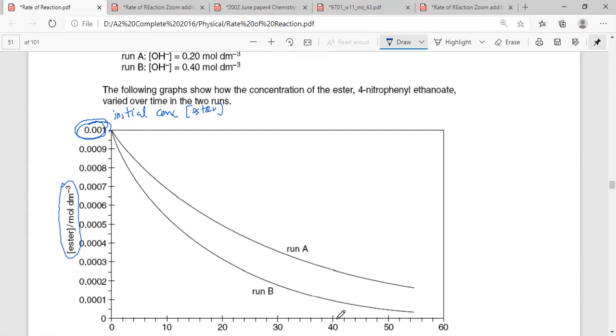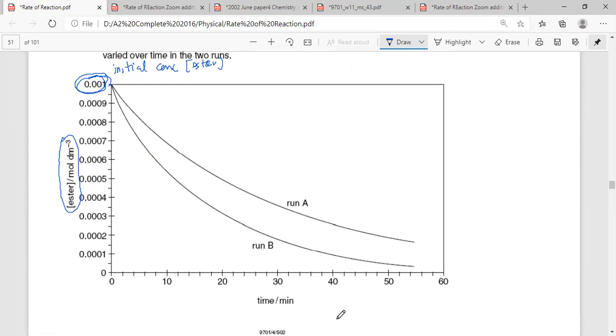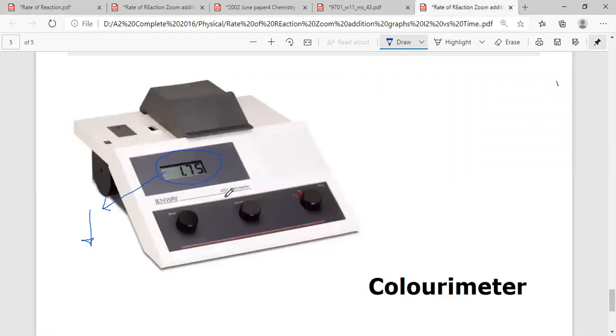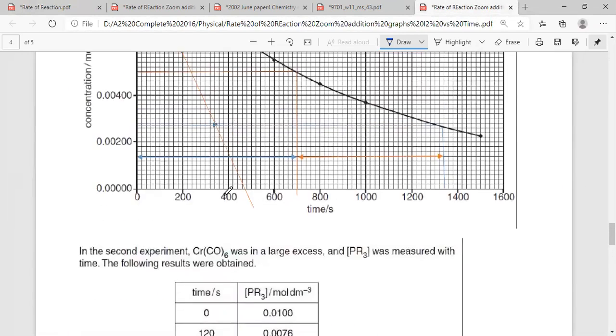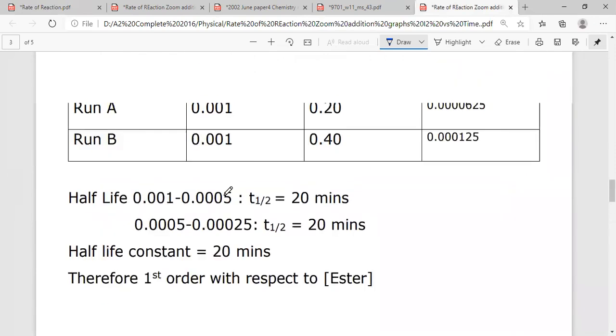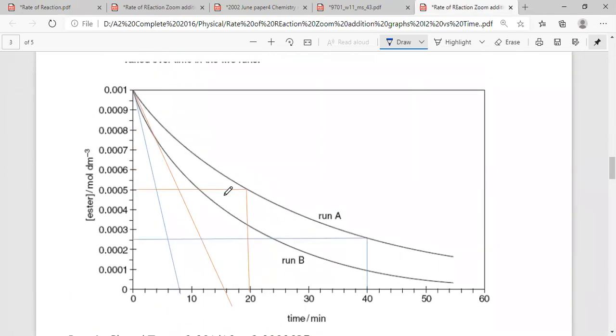Very simple. As I said, you use what? Here they didn't ask you to plot the other graph of rate versus concentration. It's too hard to do. So here you have to use half-life. Now I'm going to show you the other one here. I did it here already for you, to save time. Now this is the same thing here. Now how to find the half-life of run A?